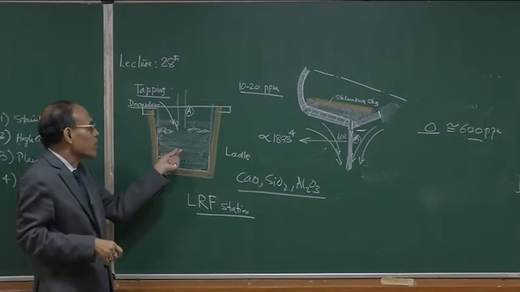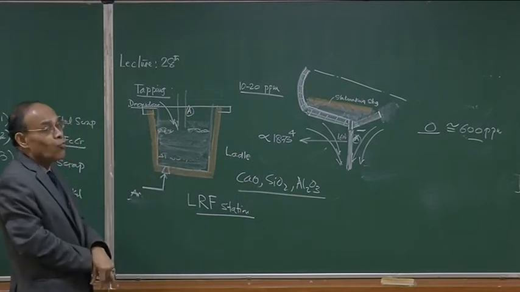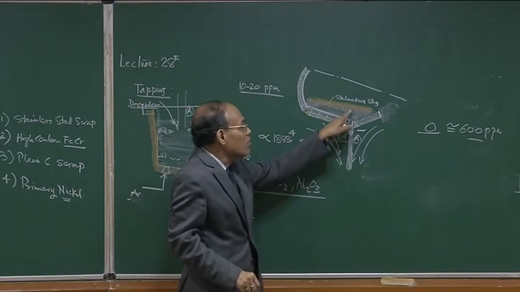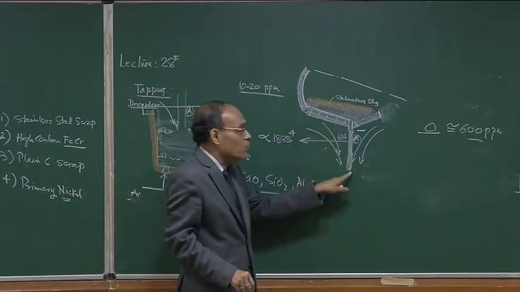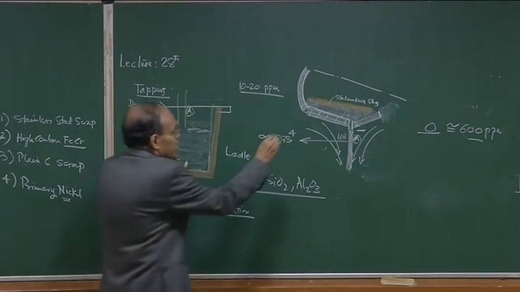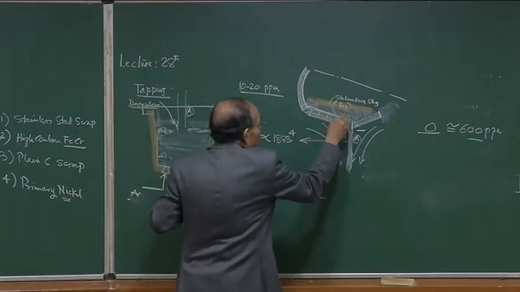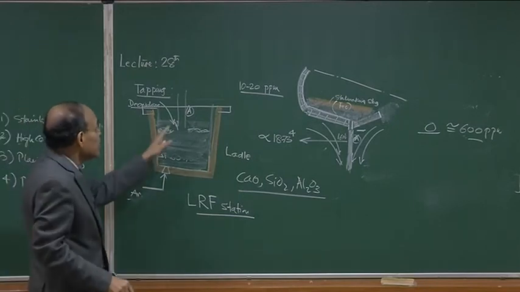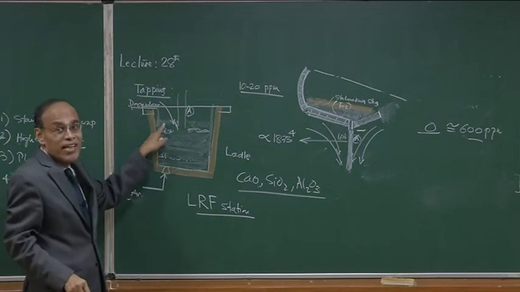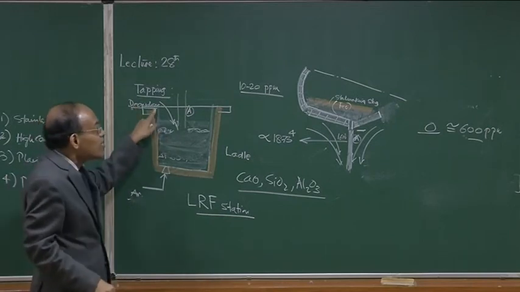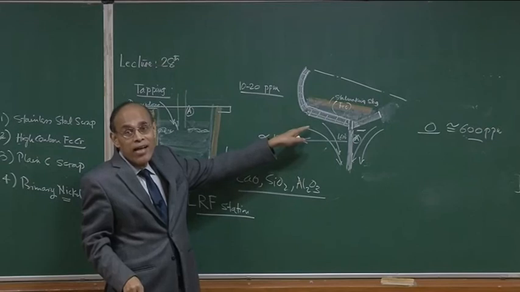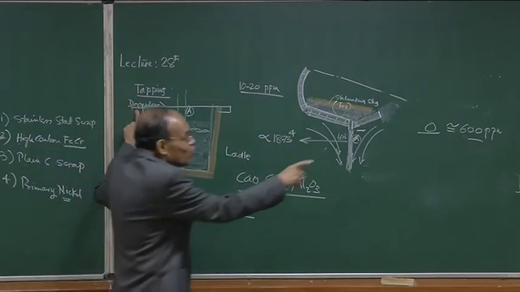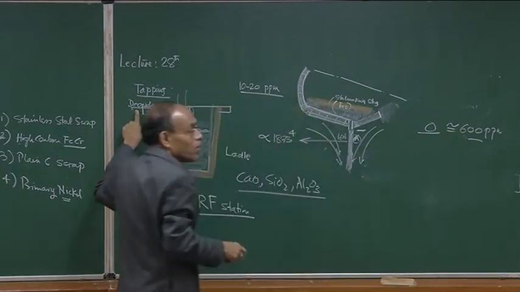During the process of tapping, one important thing we have to note, that we should not allow any slag to get into the ladle, because this slag contains FeO, and how much FeO? As I have indicated, 20 to 25% FeO. So, if the slag comes here and if you add deoxidizer elements, that deoxidizer is going to be eaten up by the slag, and so your objective to add deoxidizer to take care of this oxygen is not achieved.